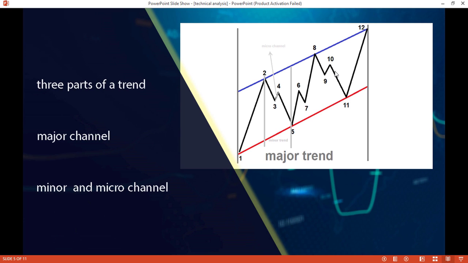Okay, we have described different parts of the major movement that you need to know.